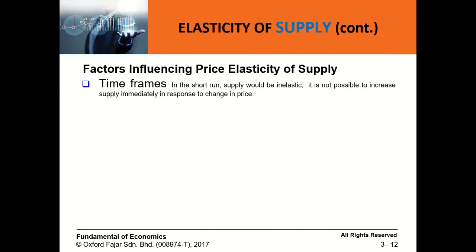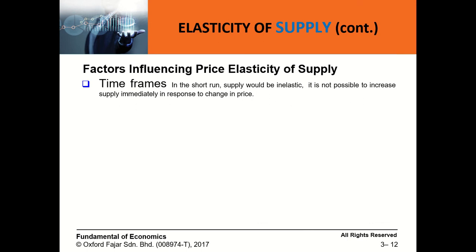Now, number one, it has to do with time frames. The time frames are divided into two, short run or long run. As a supplier, in the short run, the supply will be inelastic. Why? Because you don't have much time to increase the supply if there is a change in the price. What does it mean by that? As the price increases, of course you want to increase the quantity.